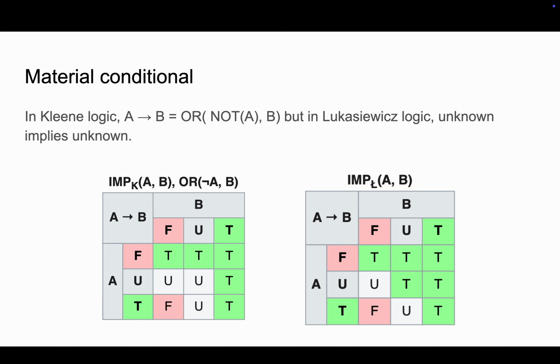However, I will account for the fact that Kleene logic is a thing, and I will try to factor it in my further proofs and show that the conclusions and the theorems after this hold, no matter if you take Kleene logic or Lukasiewicz logic as your definition for the material conditional.